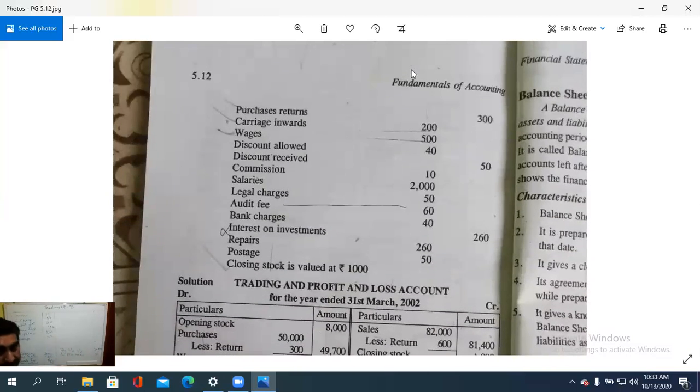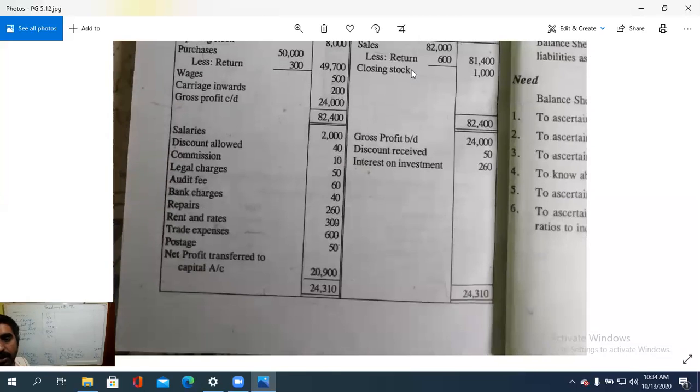And there is a credit item. What is there? Interest on investment. By interest on investment, how much is it? 260. So then take the total of this. 24,050 plus 260. It is 24,310. Yes, 24,310 is the total.